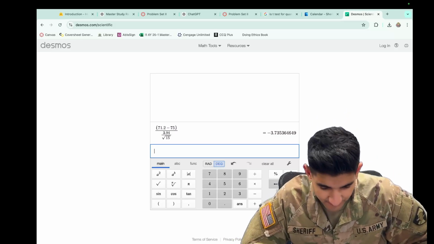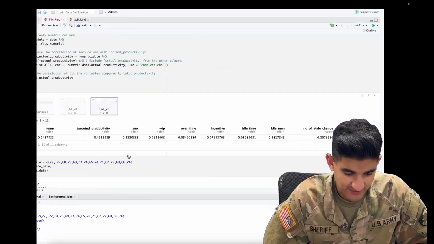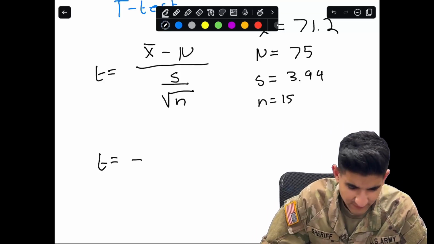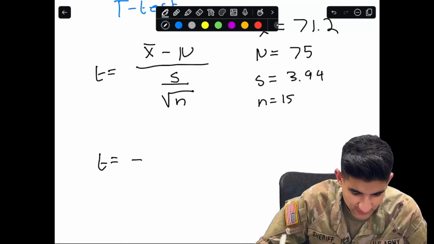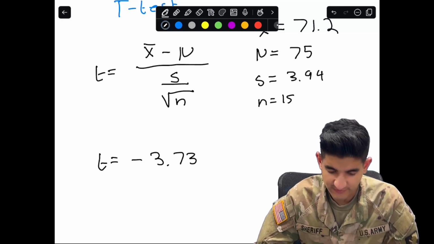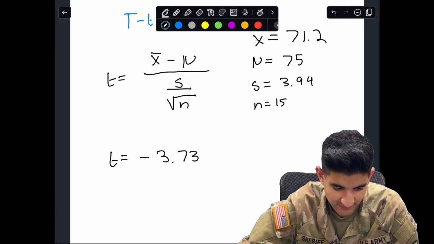And I'm going to switch back to my iPad for you guys. We get negative 3.73. So 3.73, that's what we're going to get for that. And that's going to be our t-value. Okay.